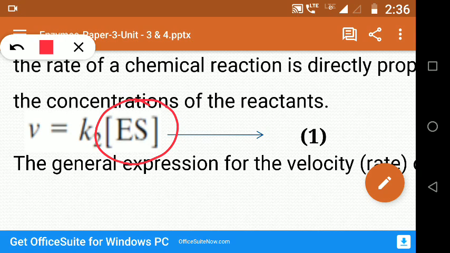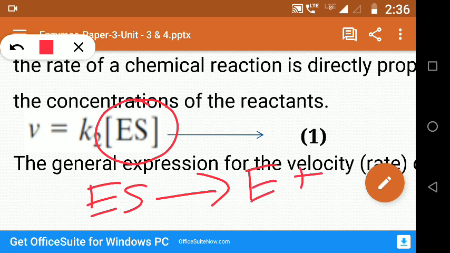In the earlier enzymatic reaction, what happened? The second stage is ES gives rise to E plus P. Okay, product and enzyme. So ES is the reactant and P is the product.